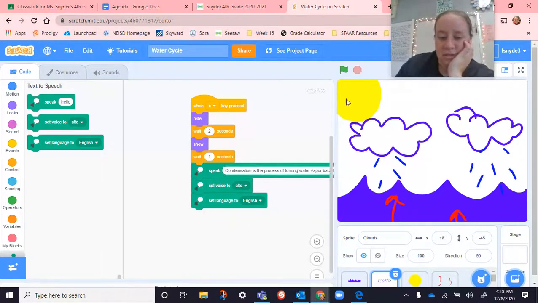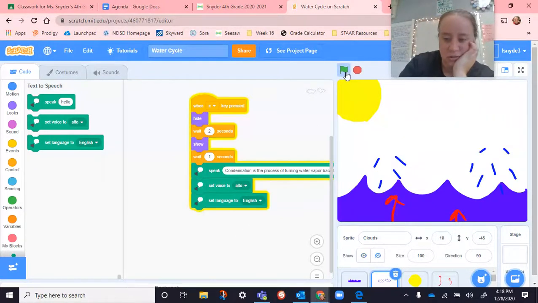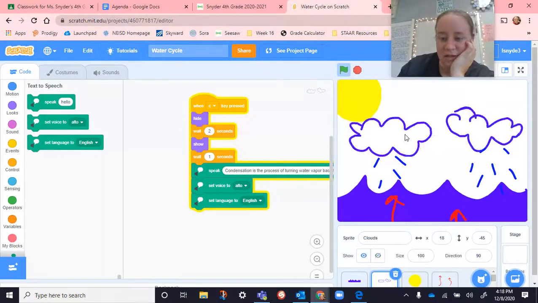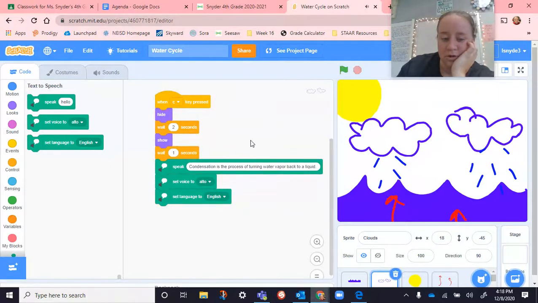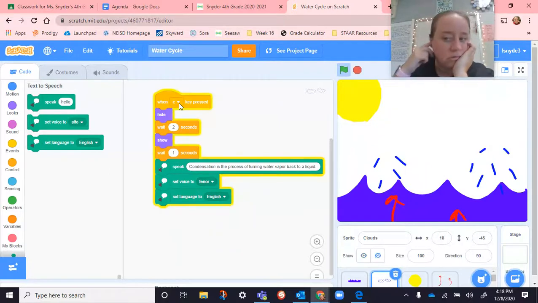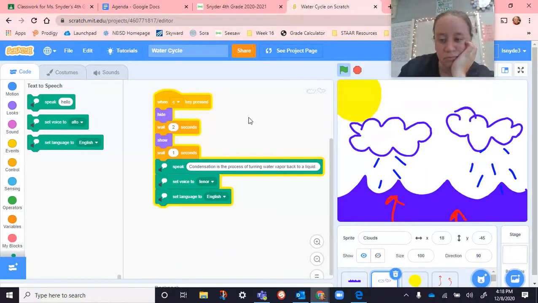All right, so let's see. Whenever I push the C, there's my hiding clouds. Condensation is the process of turning water vapor back to a liquid. All right, and then again, I can change. Condensation is the process of turning water vapor back to a liquid. All right, so there's for my clouds.